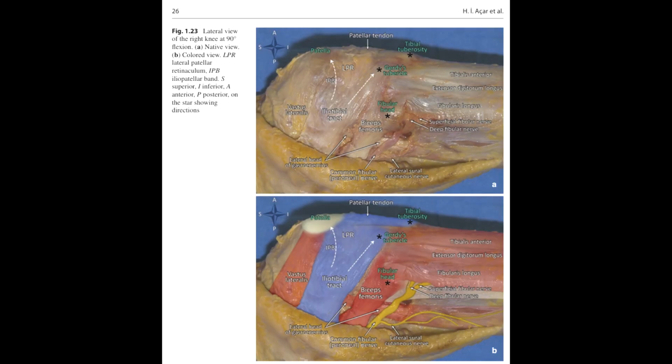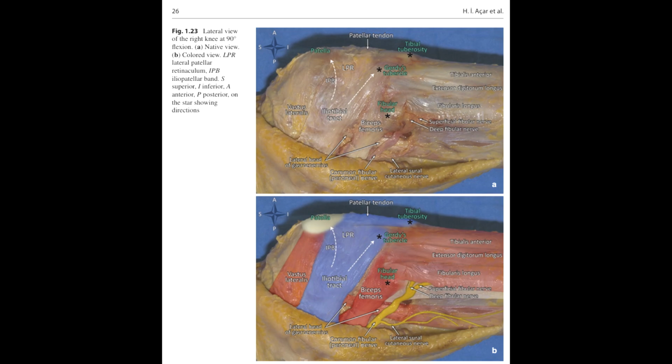Here in figure 1.23, we are observing the lateral view of the right knee at 90 degrees of flexion. This position gives us a more dynamic look at how the fascia, tendons, retinacula, and nerves interact across the lateral side. At the front, you can identify the patellar tendon, extending from the patella down to the tibial tuberosity. Just lateral to it, we see fibers of the lateral patellar retinaculum, LPR, which provide lateral tethering for the patella.